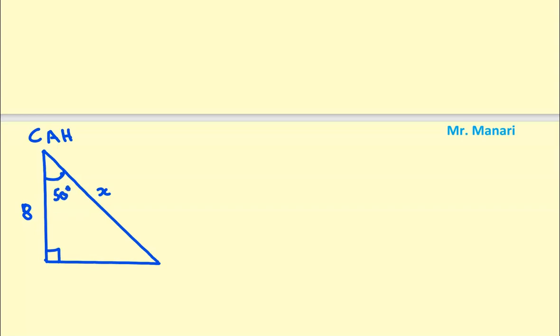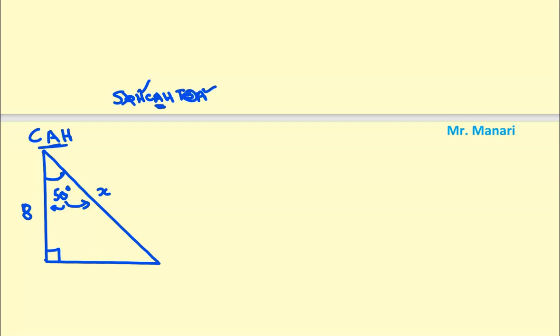Remember, we have two sides: the hypotenuse and the adjacent. We don't have the opposite. From the relationship, the only place that we have adjacent and hypotenuse is from CAH in SOHCAHTOA. This one has the hypotenuse but is missing the adjacent, it has the opposite, so we don't need it. This one has the adjacent but also the opposite, which we don't need.